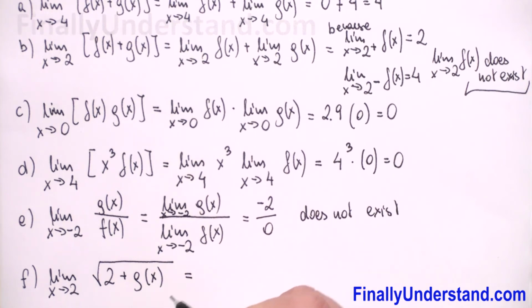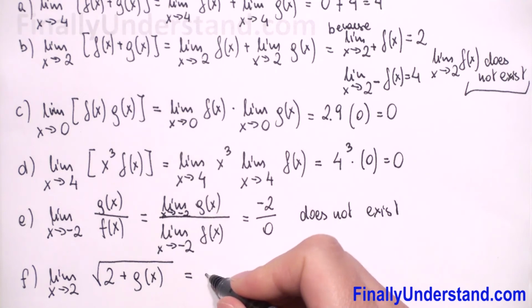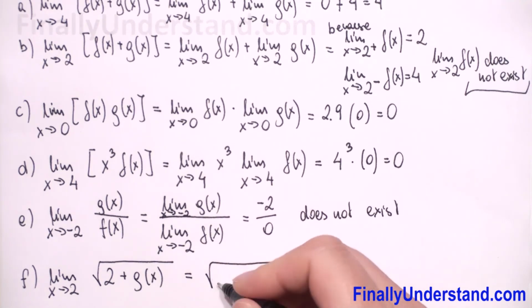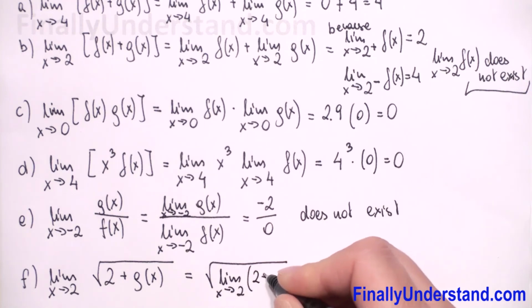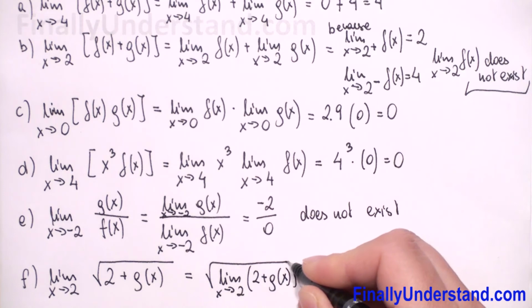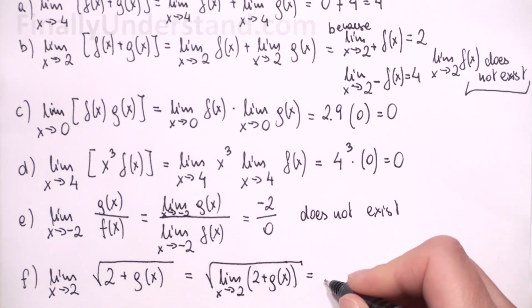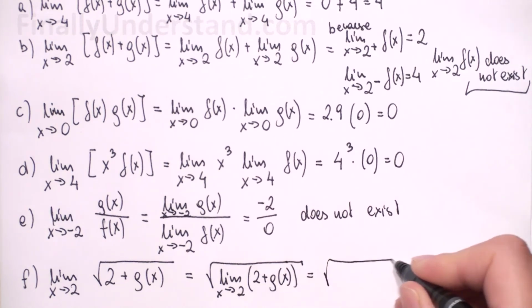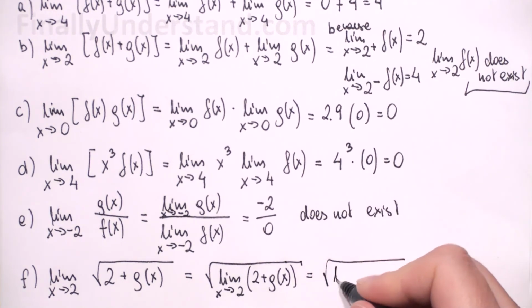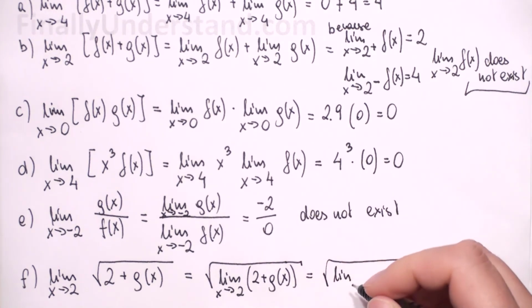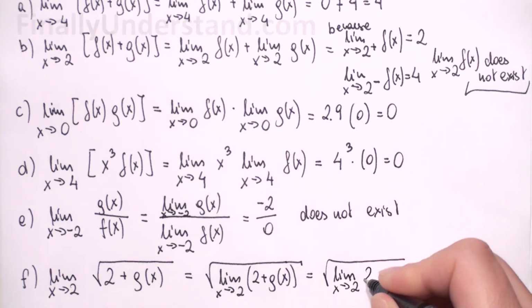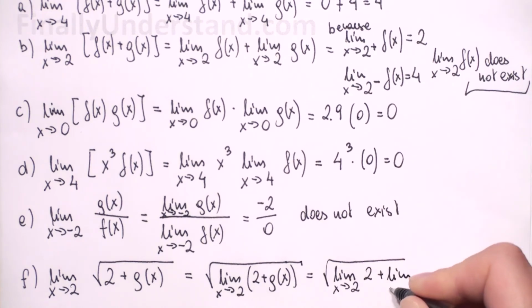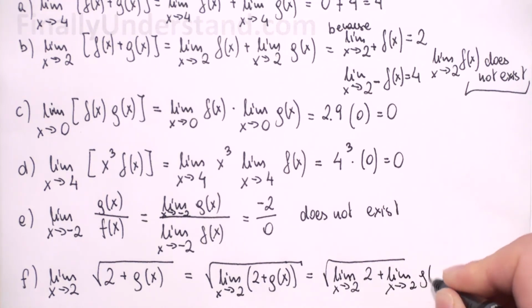So we can rewrite this: this is equal to the square root of the limit as x approaches 2 of 2 plus g of x, and this is equal to the square root of the limit of a sum, so this is the sum of limits: the limit as x approaches 2 of 2 plus the limit as x approaches 2 of g of x.